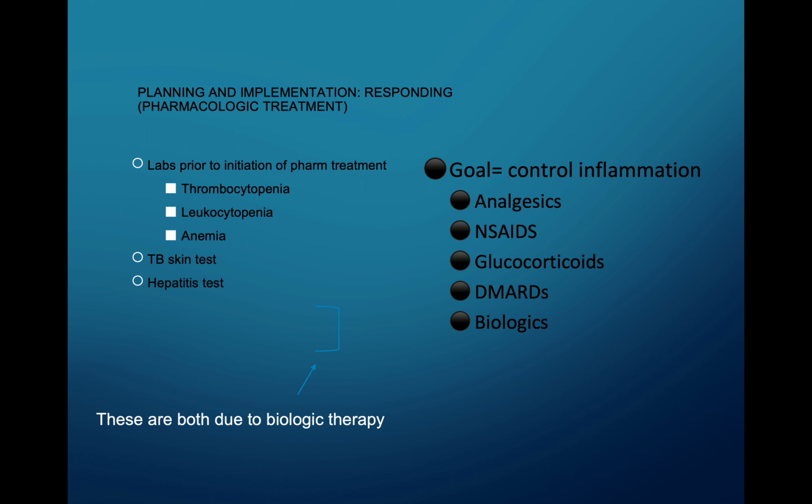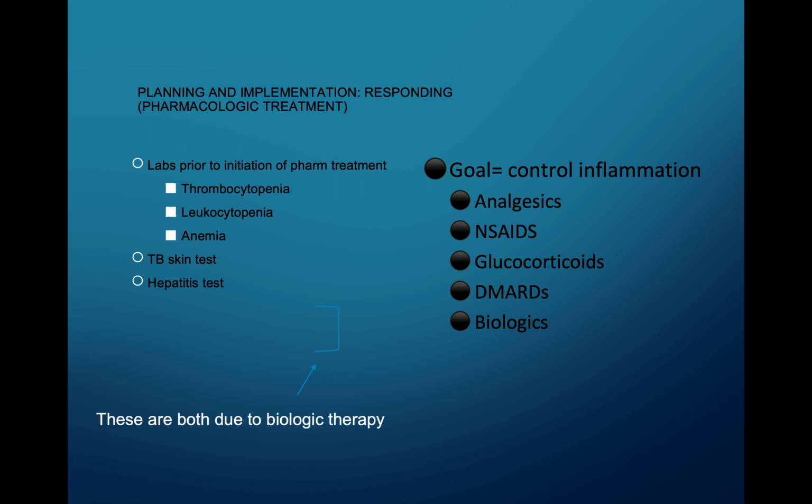Maybe you have to sometimes start with a DMARD, and your provider has to show that it's not been effective in controlling your disease process or something like that. But they're more like IV infusions, sometimes subcutaneous injections. Examples are oftentimes we've heard these on the television commercials, things like Remicade or Humira or Enbrel. Those are all examples of biologic response modifiers.